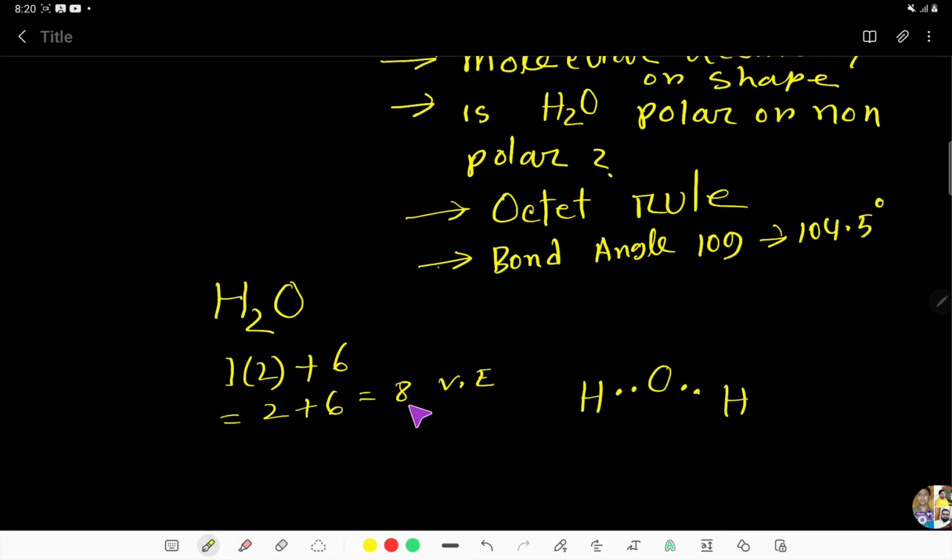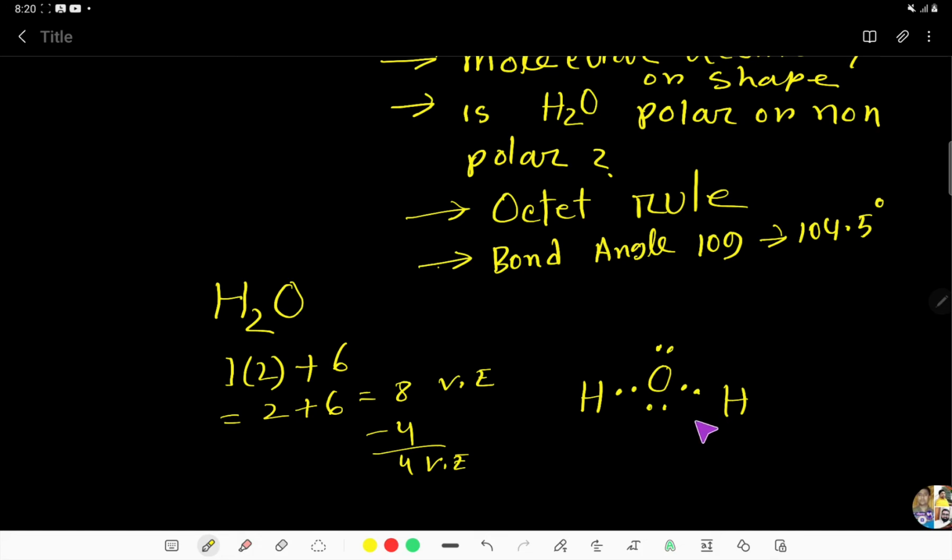After connecting these 3 atoms, you have 8 minus 4, that is, 4 valence electrons left. These 4 electrons will be used to satisfy the octet of oxygen, and you know that hydrogen already fulfills its outermost shell, that is, hydrogen has obeyed the duet rule, right? So these 4 electrons will go over oxygen. Now look, we have used 8 valence electrons here. So this is the Lewis structure of water, right?